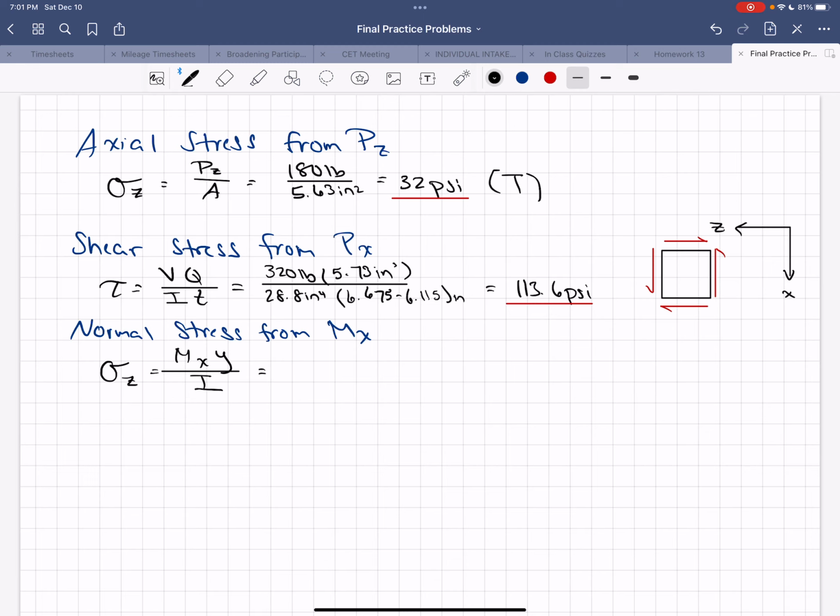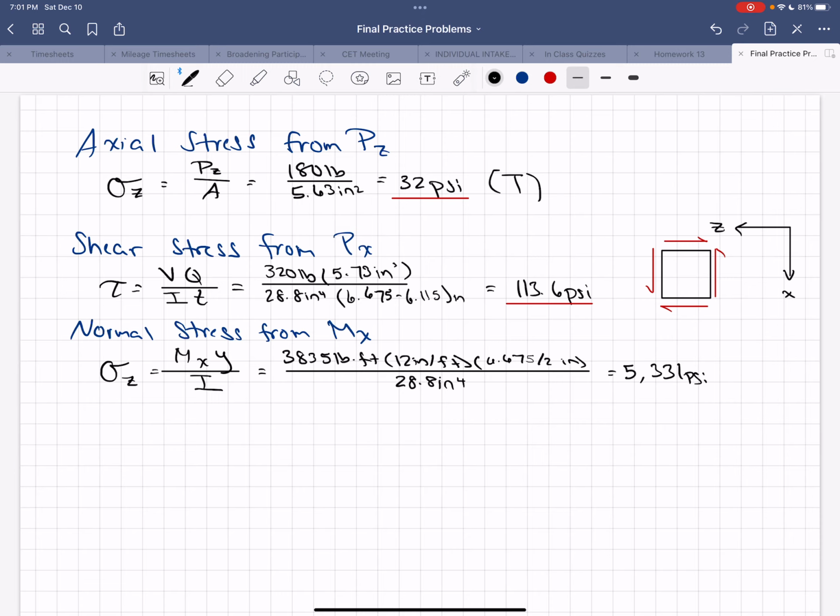This equals 3,835 pound-feet times 12 inches per foot times the radius of the big diameter, 6.675 over 2 inches, all over 28.8 inches to the fourth, and we get 5,331 psi.